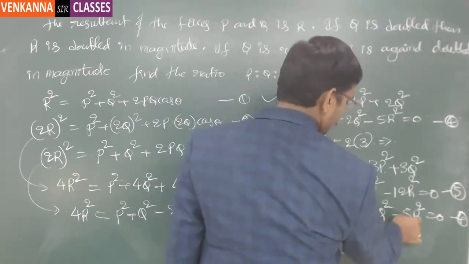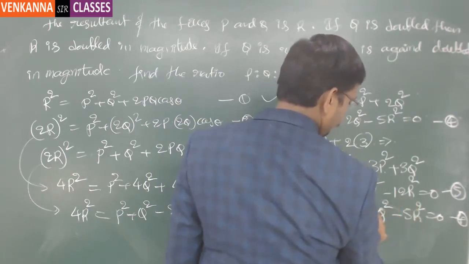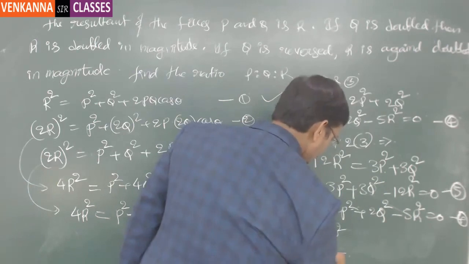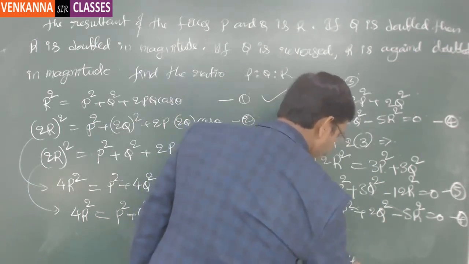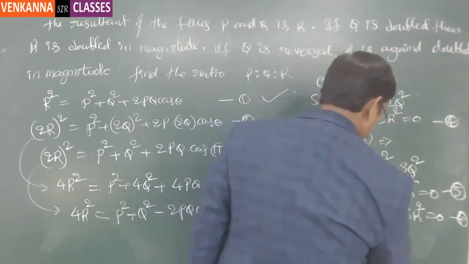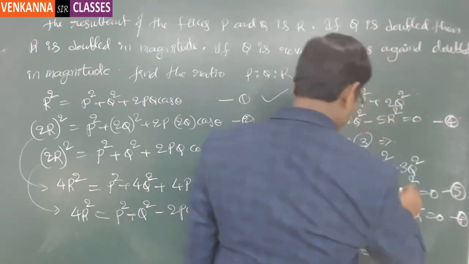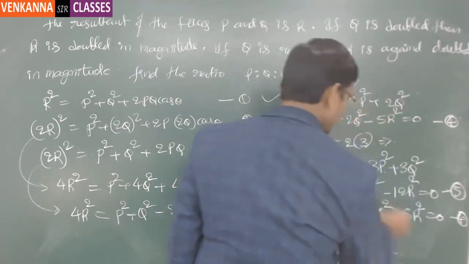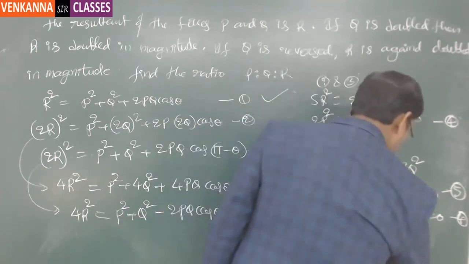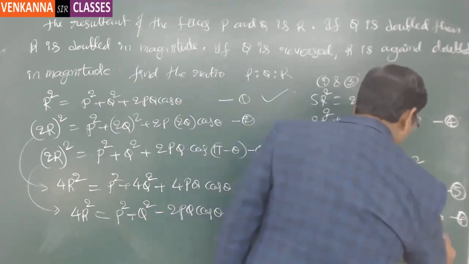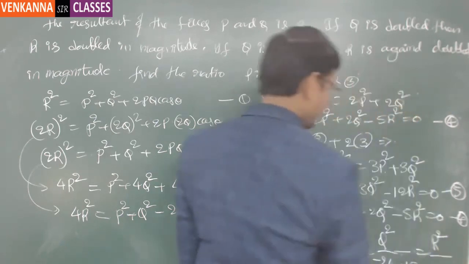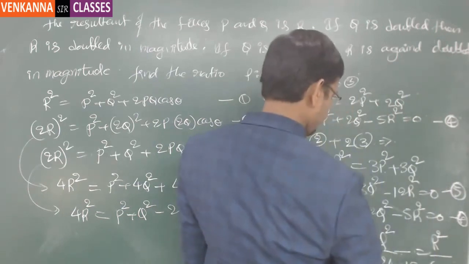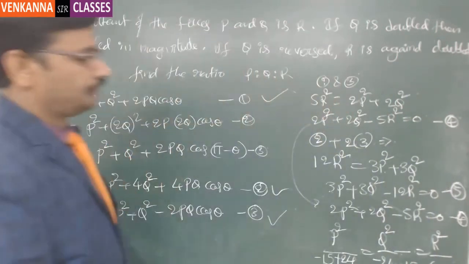So minus 15 plus 24 is equal to q square by minus 12 into 2 minus 24 plus 3 into 5, 15, equal to r square divided by 6 minus, there is something wrong.